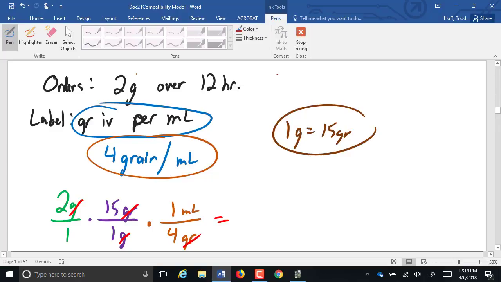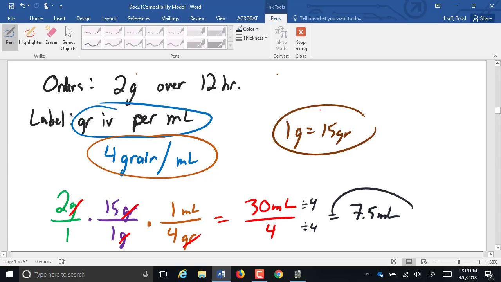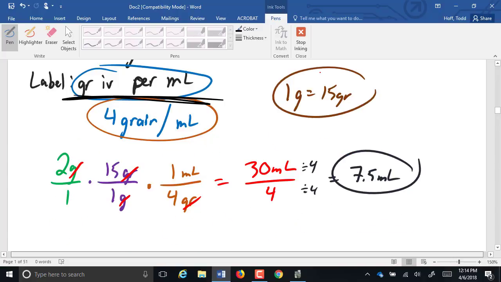So now we've got 2 times 15 times 1 milliliter is 30 milliliters. 1 times 1 times 4 is 4. We divide up the 4, because 7.5 milliliters is how much medication we would administer to the patient. So in many of the examples we've used so far, we've done pretty standard units with milligrams and so on. But those other units that we've discussed can come into those calculations.